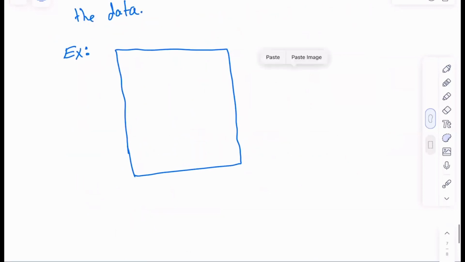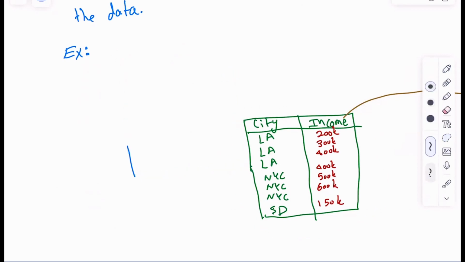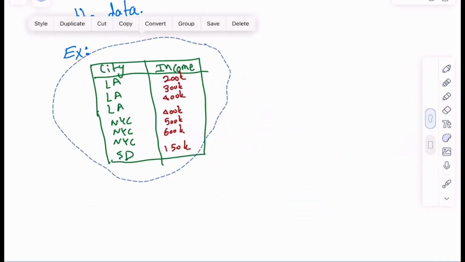I guess that's simpler. Yeah, it's simple. All right, this is simpler.